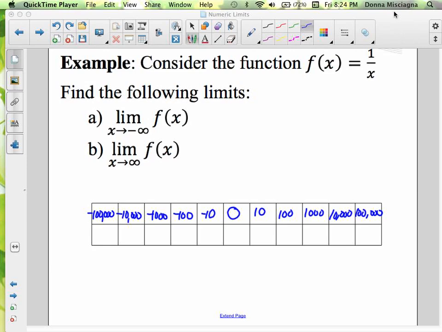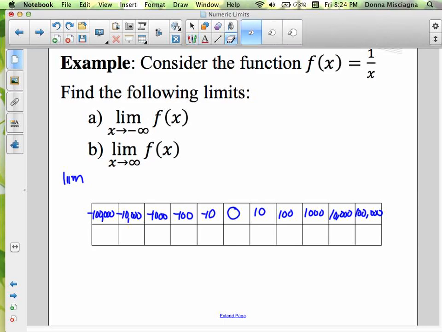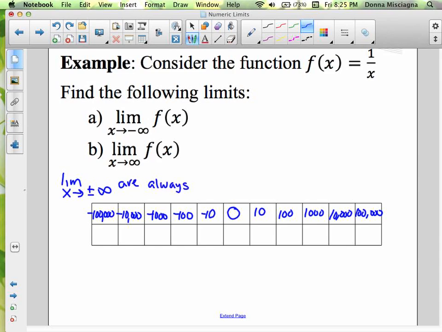No. So these kinds of limits, as x approaches positive or negative infinity, are always one-sided limits.